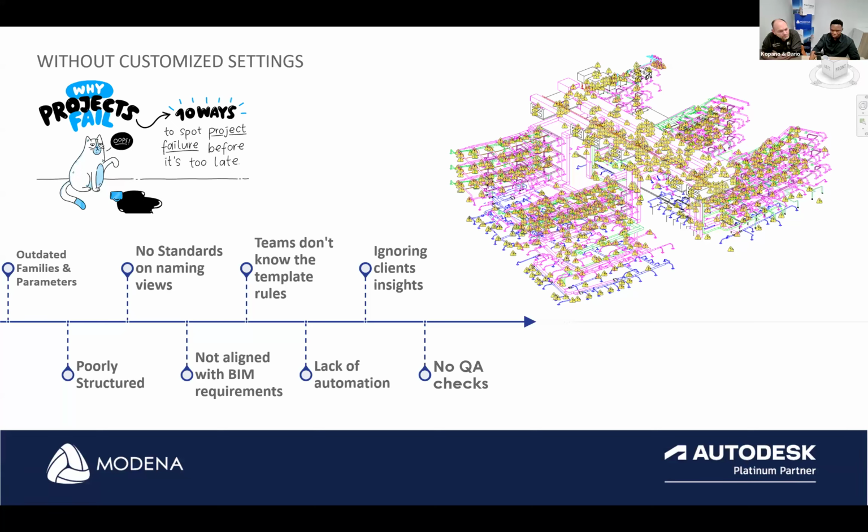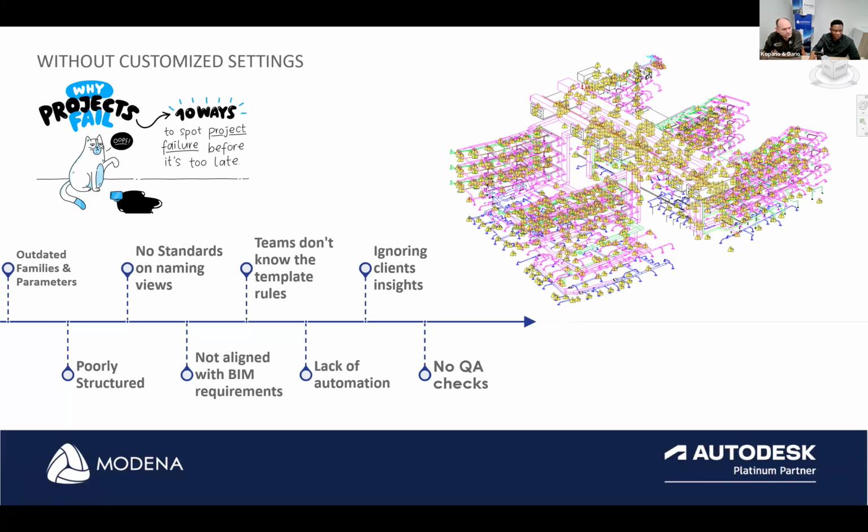We mentioned that before, and obviously sometimes you ignore the client's insights or requirements. Okay, so scopes can creep as well. They can change the scope at any point in time, and now you need to mitigate that too. So poor structure, all right, that's happening, and it is not aligned with BIM, as you can see, and then the lack of automation as well.